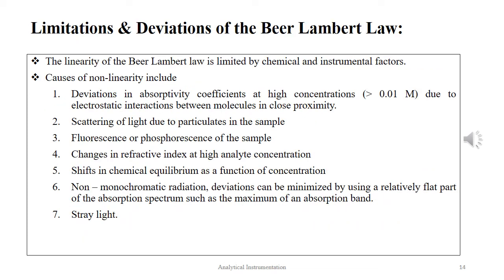The linearity of the Beer-Lambert law is limited by chemical and instrumental factors. There are certain causes for nonlinearity of the Beer-Lambert law. Those are deviations in absorptivity coefficient at high concentrations, more than 0.01 mole, due to electrostatic interactions between molecules in close proximity, scattering of light due to particulates in the sample, fluorescence or phosphorescence of the sample, changes in refractive index at high analyte concentration, shifts in chemical equilibrium as a function of concentration, and non-monochromatic radiation.